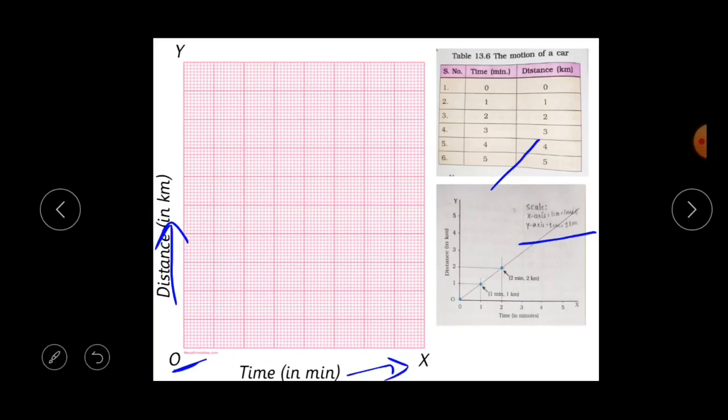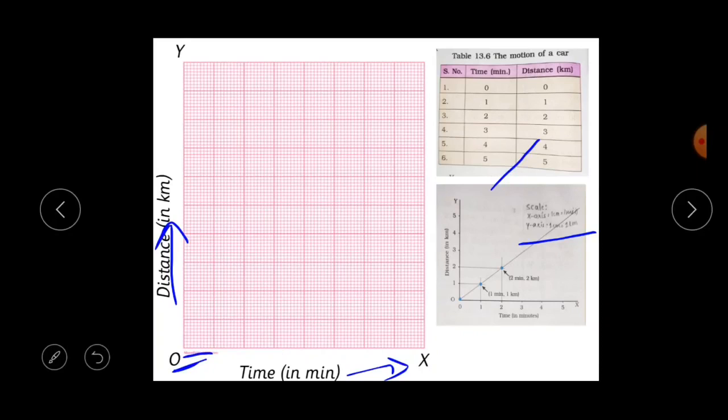Each box is 1 centimeter, you know it. This is 1 centimeter, 2, 3, 4, 5 like this, and here 1, 2, 3, 4, 5 like this, isn't it? So your scale on the x-axis is 1 centimeter equal to 1 minute.